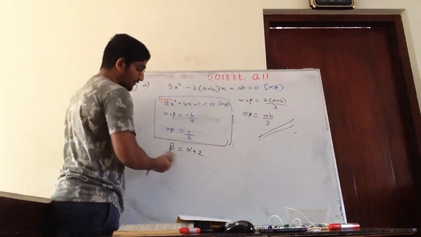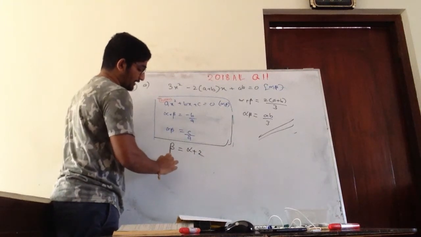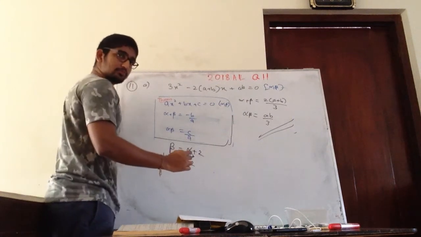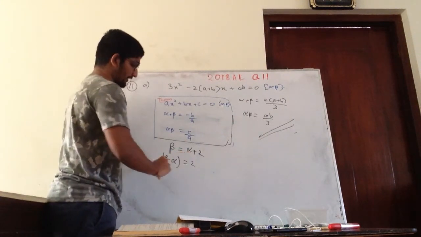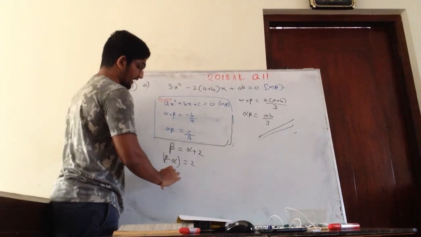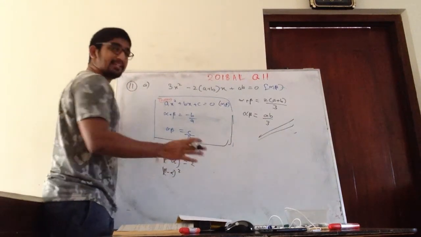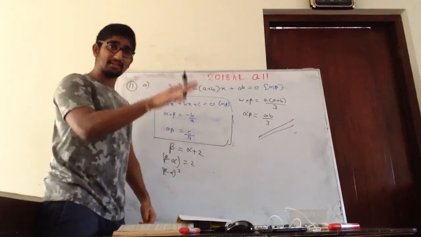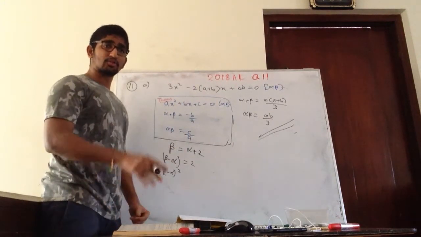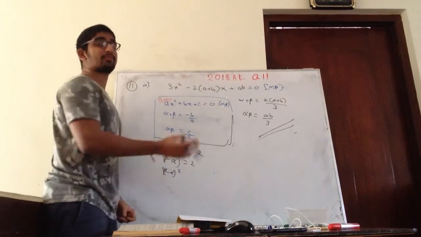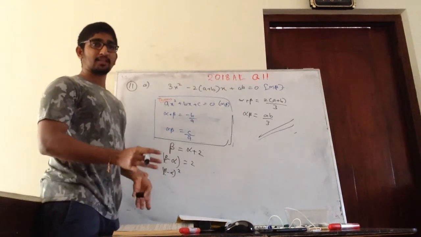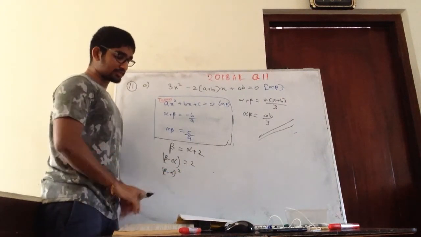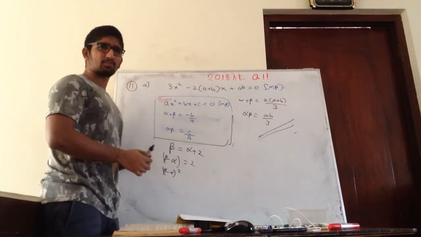So here what we can find out is that beta minus alpha is 2. So that means (beta minus alpha) squared. Now alpha minus beta is a very common thing in this sort of sums. We do find alpha minus beta in various applications of these quadratic equation sums.